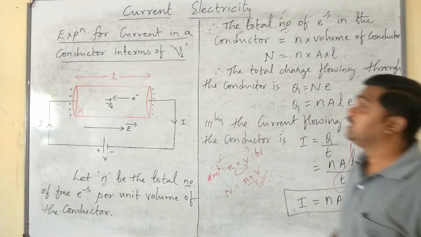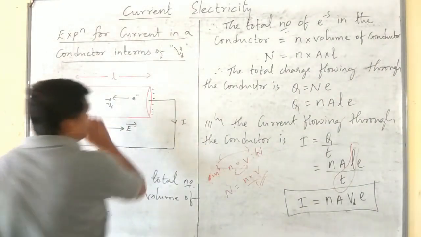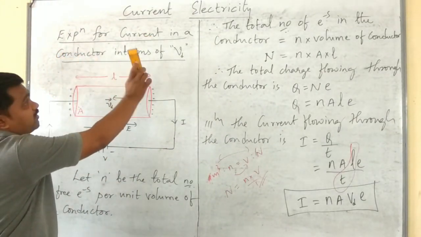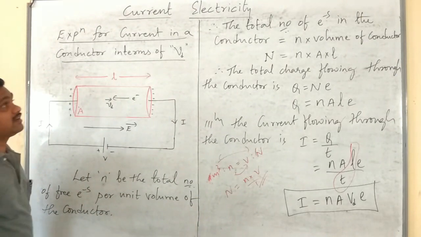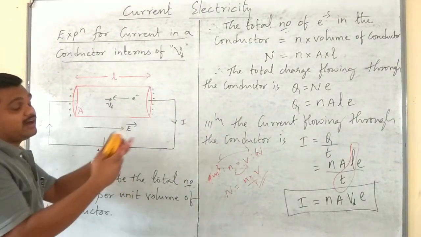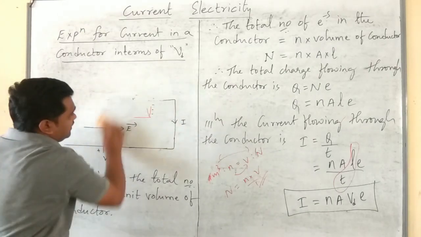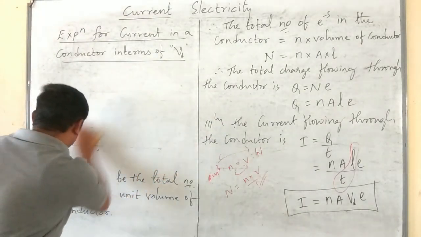Suppose in the derivation, they ask you to find the expression for electric current in a conductor in terms of relaxation time, for example. So what is the case? Let's see.